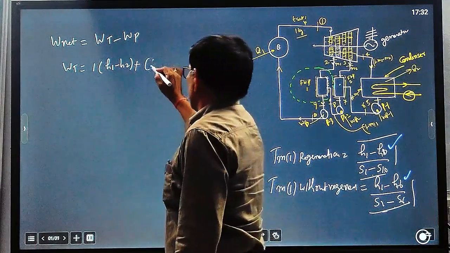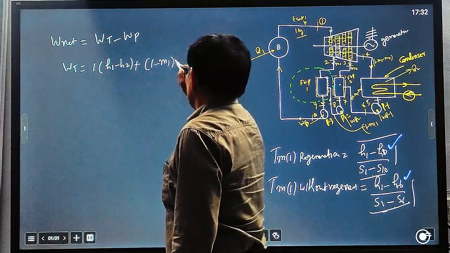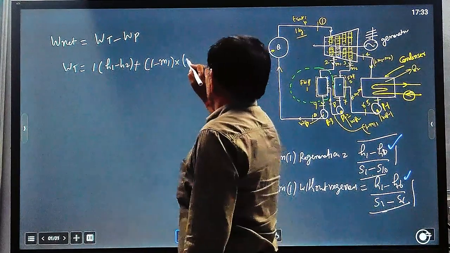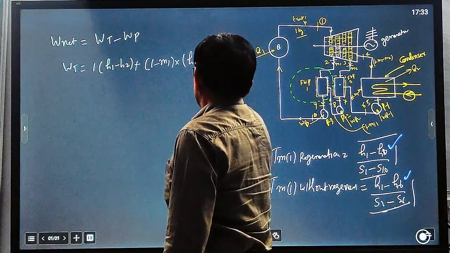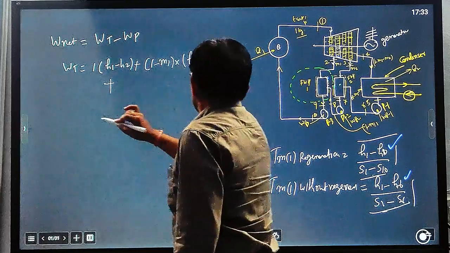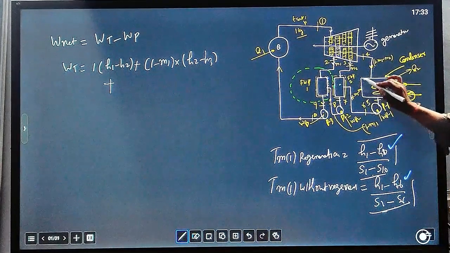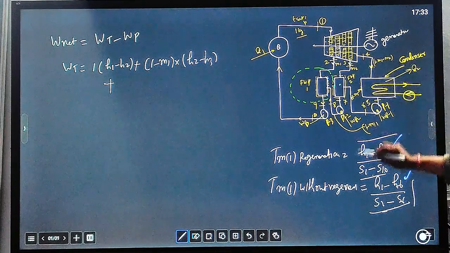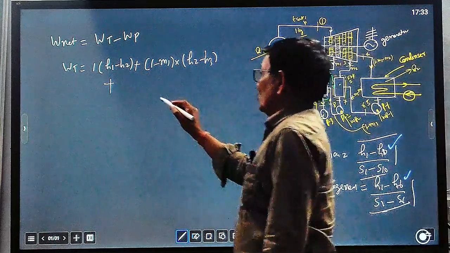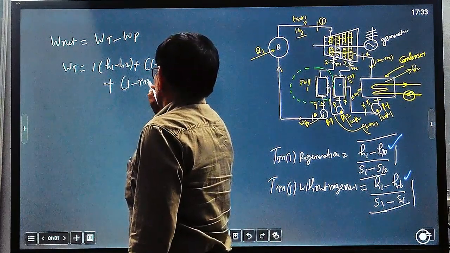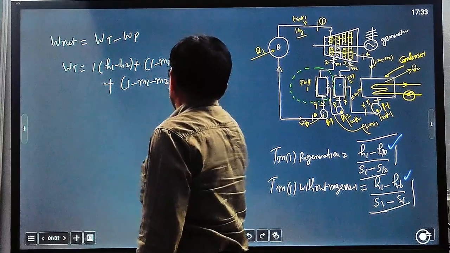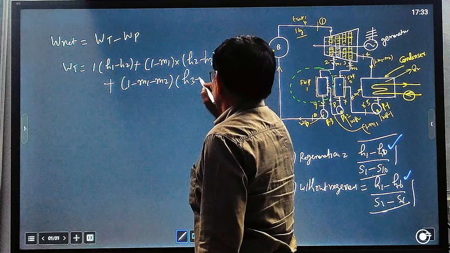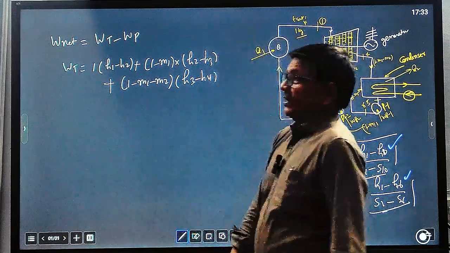The remaining quantity will be 1 minus M1 into the enthalpy difference H2 minus H3, and plus here again we have taken back M2 quantity of steam, so the remaining quantity that will expand from 3 to 4 will be 1 minus M1 minus M2, into the enthalpy difference H3 minus H4. So this is the turbine work.